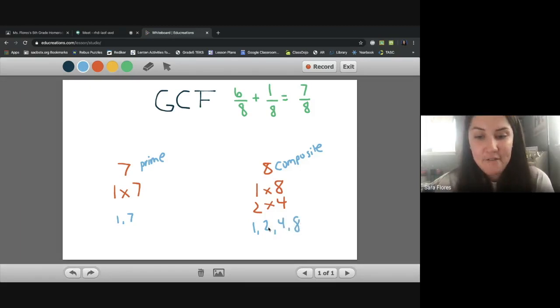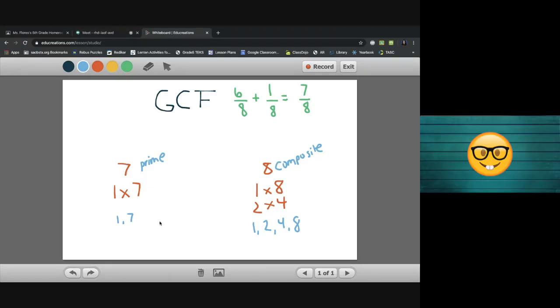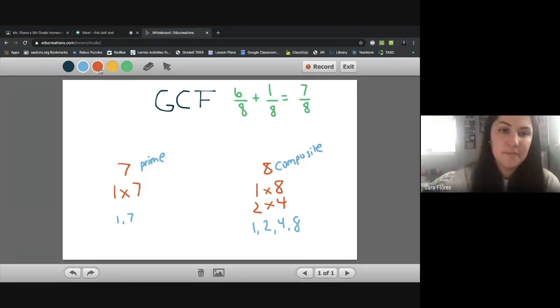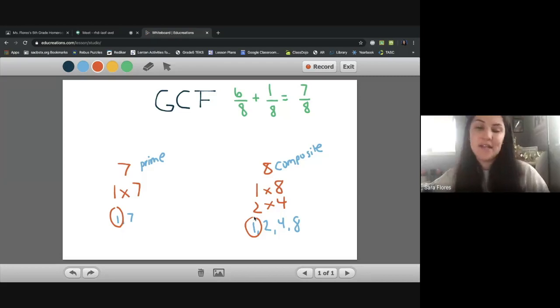Now that I have my factors listed out, I'm going to find the greatest common factor. Who can tell me what the greatest common factor of these two numbers is? 1. Awesome. So I'm going to go ahead and circle this. I'm getting a little ahead because today we only went over GCF, but I want you to realize why we're learning it.